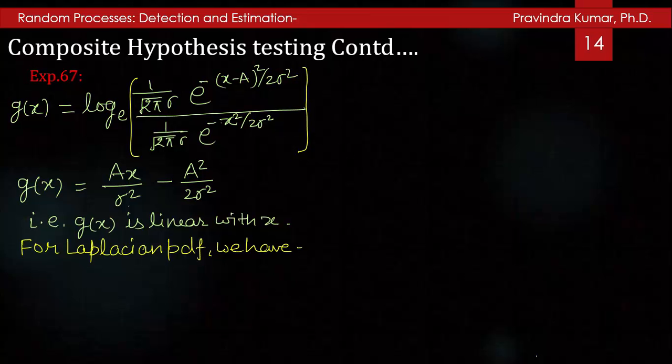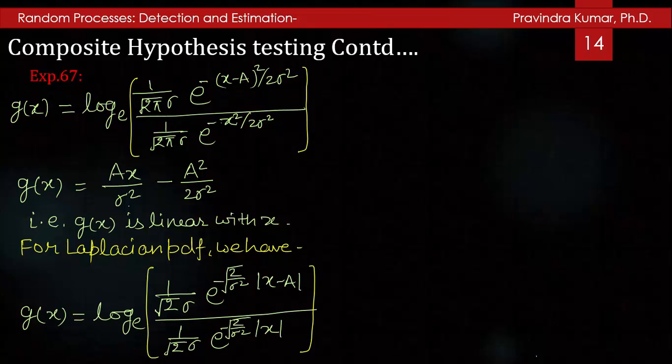Now for the Laplacian PDF, we have g(x) equal to log e of 1 by under root 2 sigma e to the power minus under root 2 by sigma square mod x minus A, divided by 1 by under root 2 sigma e to the power minus under root 2 by sigma square mod x.